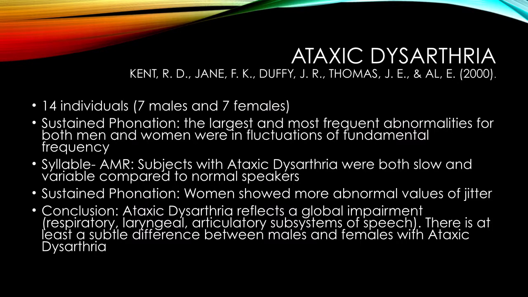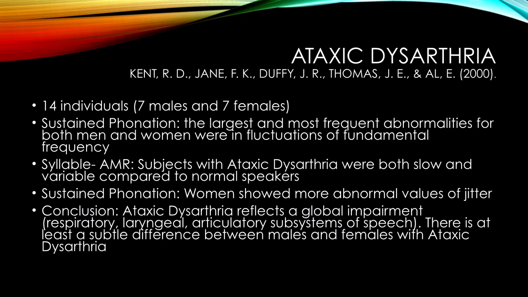Ataxic dysarthria is the subject of an article conducted in 2000 with a sample size of 14 individuals, 7 males and 7 females with ataxic dysarthria. The study performed several speech tasks, which included sustained vowel phonation, syllable repetition, sentence recitation, and conversation. The results showed that during the sustained phonation section, the largest and most frequent abnormalities for both men and women were in fluctuations of fundamental frequency.